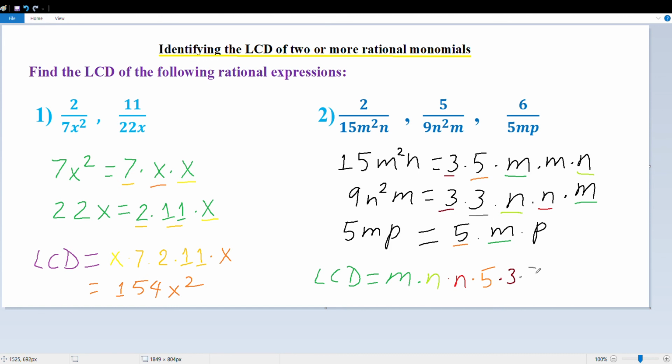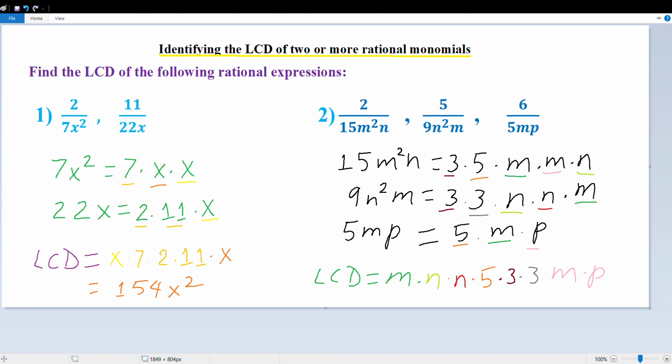So I'm gonna say, okay, times 3. Now we don't have anything common between these denominators, so we'll just rewrite the remaining terms. So here we have 1m, and then we have 1p over here. That includes all of the given factors.